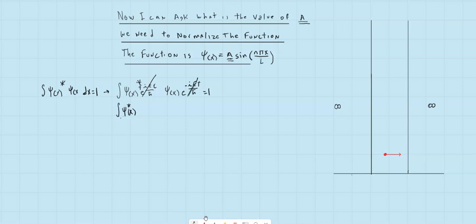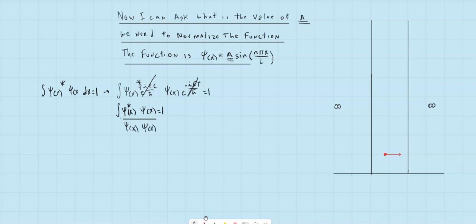They cancel. So now you stay with psi star of x times psi of x must be equal to 1. And you also want to divide it by psi of x times psi of x, right?